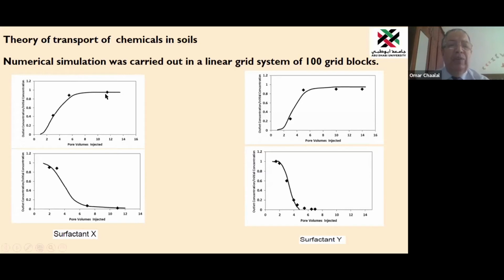Here we reach what we call saturation, and here is the model, and you see that the data are fitting the model. And here is the desorption when we are cleaning. We are cleaning with water containing the surfactant, and we can see the model here, and this is our point, and we are taking here what we call the dimensionless concentration. On the other side, we have surfactant X, and we do the same thing, and we can compare.